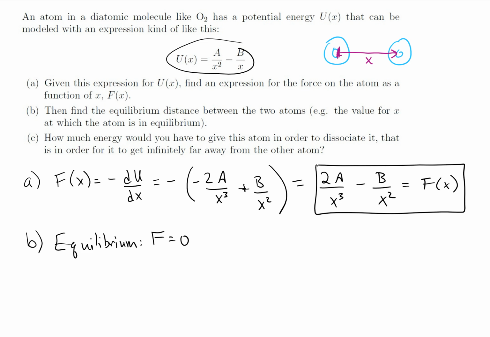And so we can take the expression for the force above and set that equal to 0 to find the equilibrium value for x. So 2a over, let's call the equilibrium value for x, x naught. So 2a over x naught cubed minus b over x naught squared has to equal 0. And then we just have to solve for x naught.